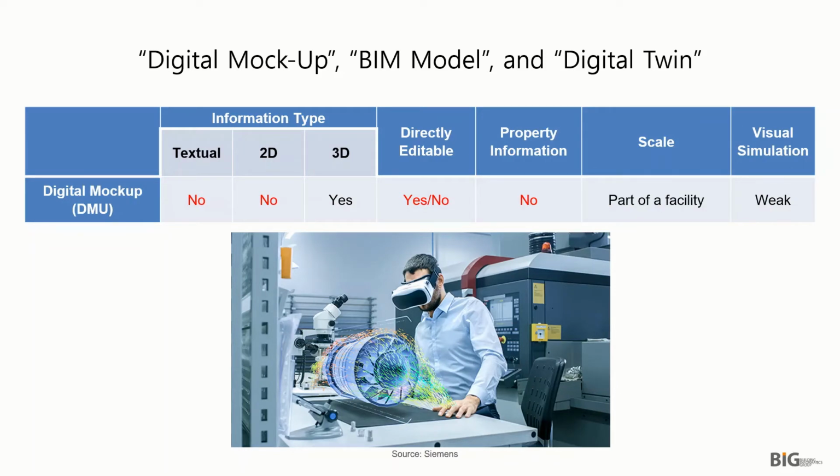When they talk about detailed markup, this is a picture from Siemens' website, they say a 3D detailed model, which may be directly editable or sometimes not, and usually without property information. It usually focuses on a specific part of a larger facility. Sometimes it has a visualization function like this.